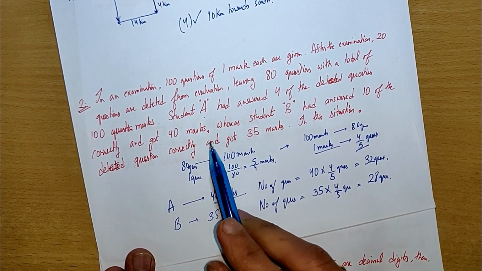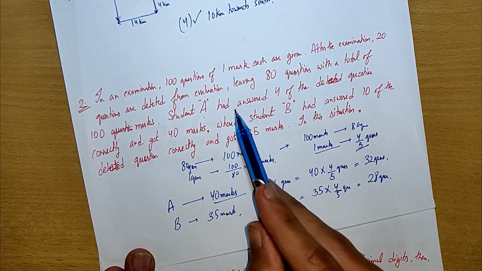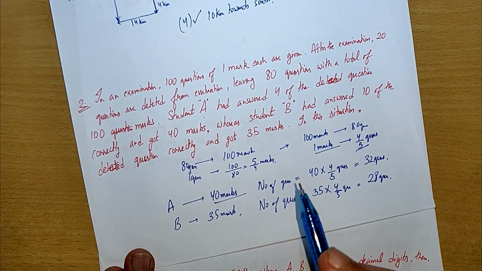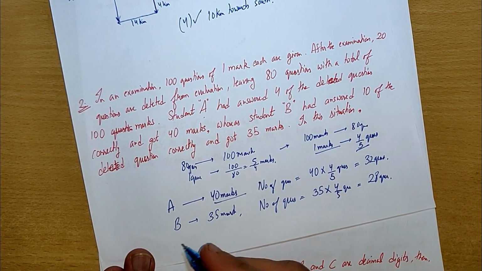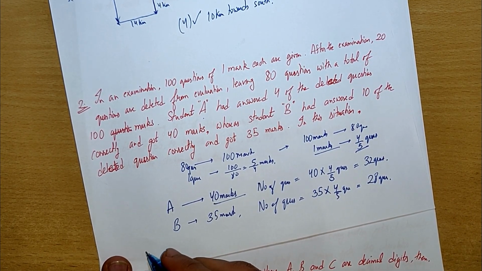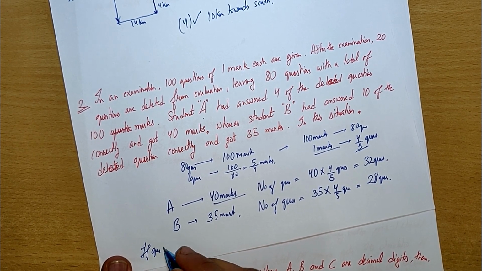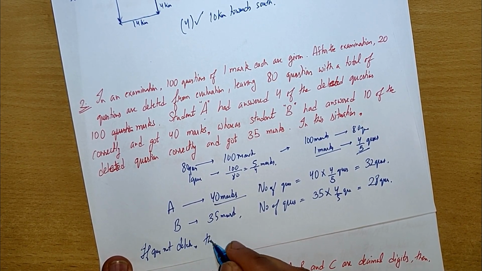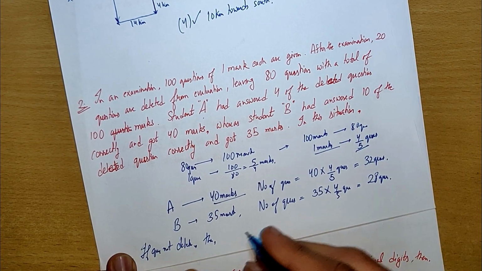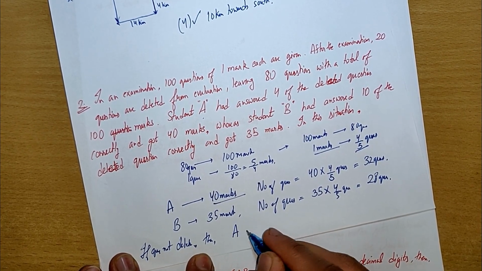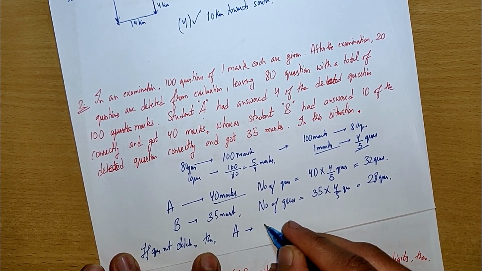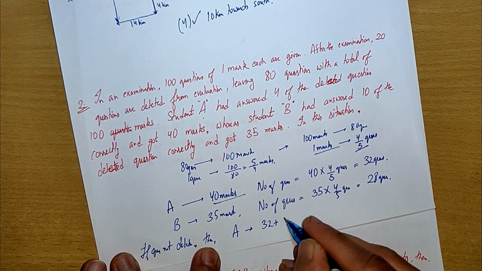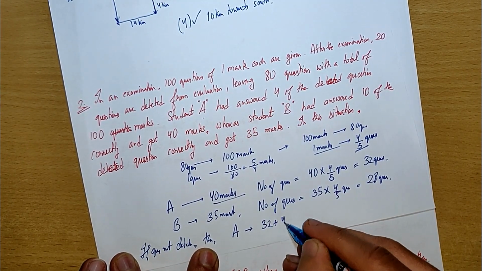And it is given that student A has answered 4 of the deleted questions. So if the questions were not deleted, then A would have got 32 plus 4 questions correctly.